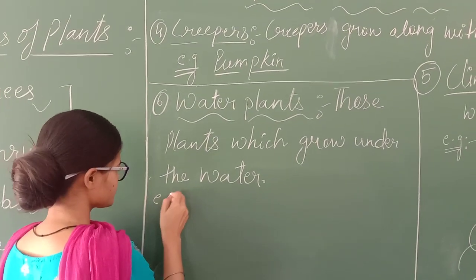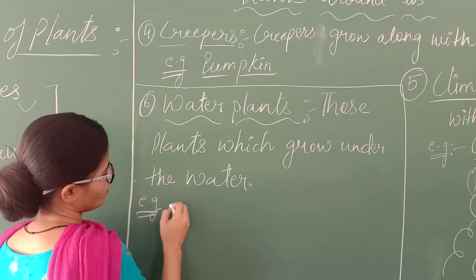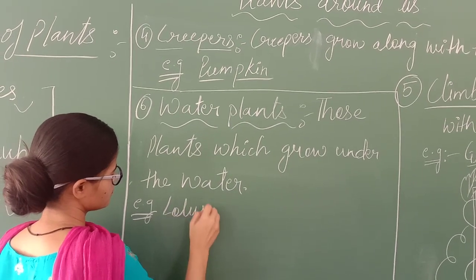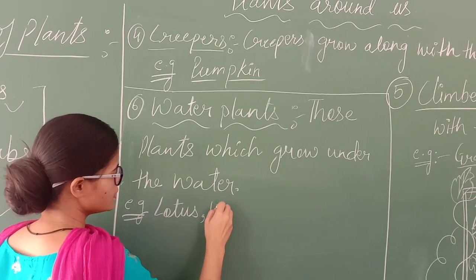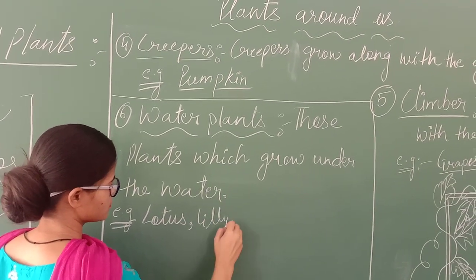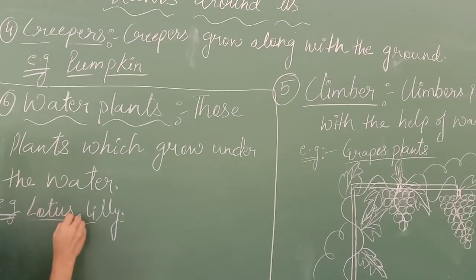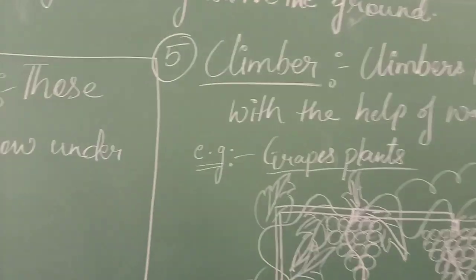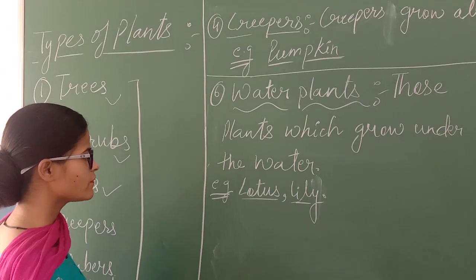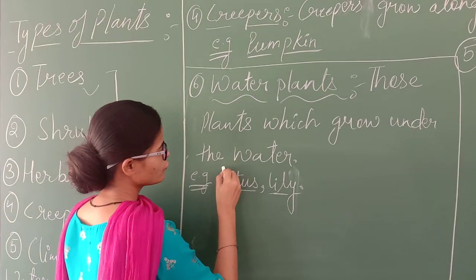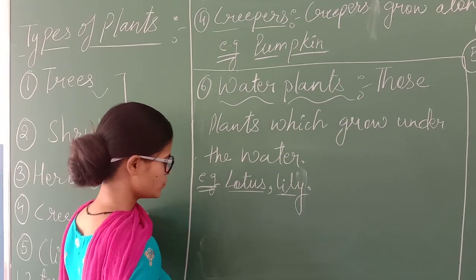For example, lotus, lily plant. Okay, so I am going to do lotus for you. So I will draw lotus for you.